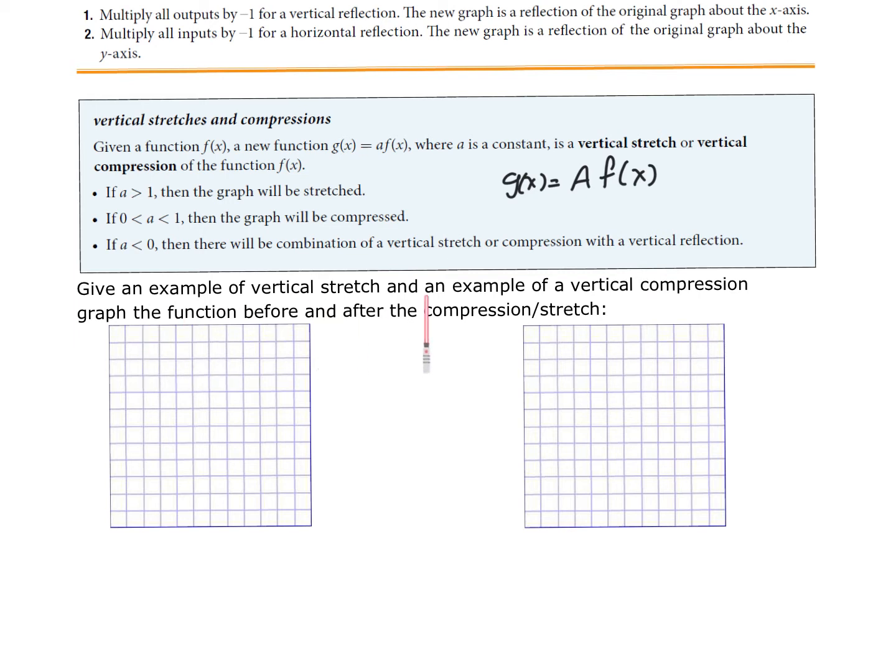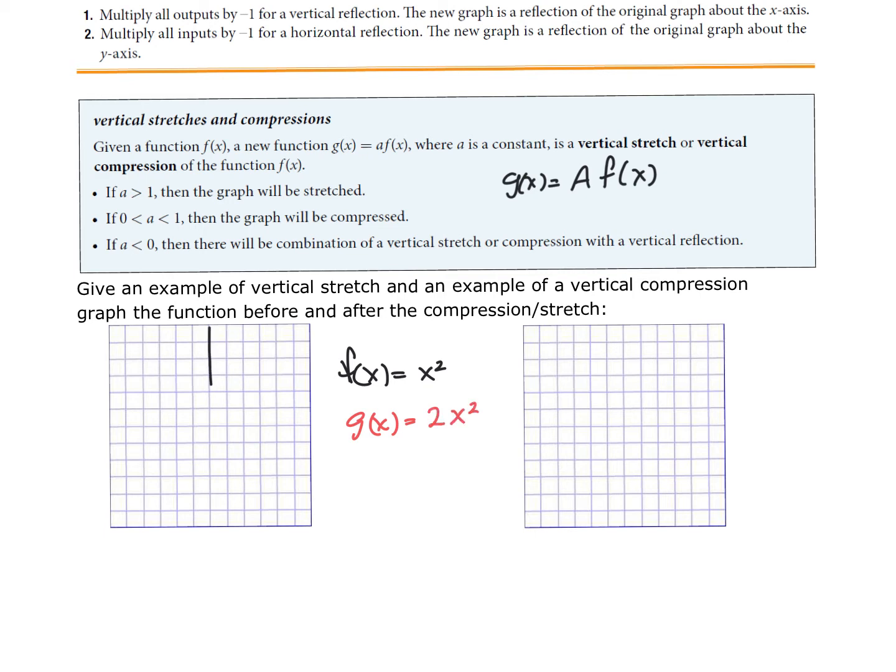So I'm going to give an example of a vertical stretch and an example of a vertical compression of the graph. All right, again, I like to use f of x equals x squared. Then g of x, let me put g of x here in a different color, is going to be, I'm going to first do my stretch, so I have 2x squared.